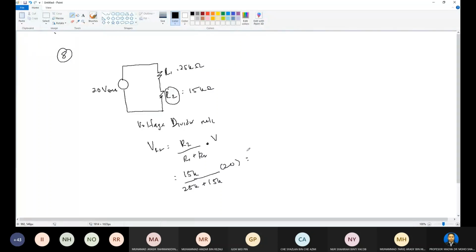Okay, so try using your calculator. What is the voltage across R2?